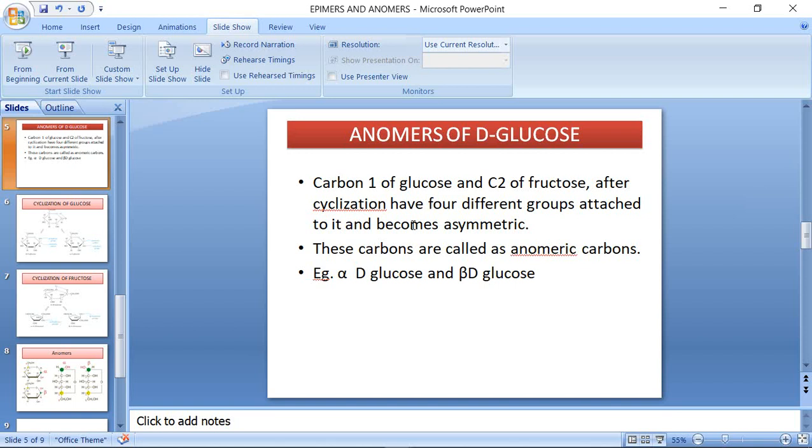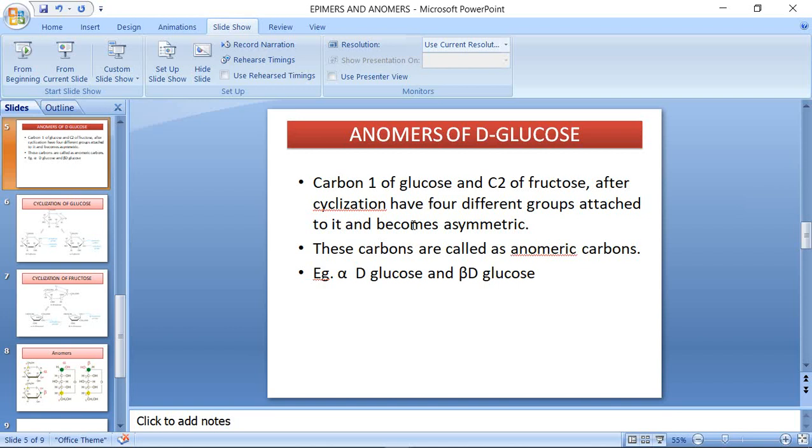So in the case of glucose, you have to check for the first carbon, that is the aldehyde group. Whereas if you consider fructose, you have to check for the second carbon, that is the keto group. So when they differ in this anomeric carbon, any change in the position or the orientation of the H and OH groups, you have to check for the position of H and OH groups, whether it is present on the left hand side or on the right hand side.